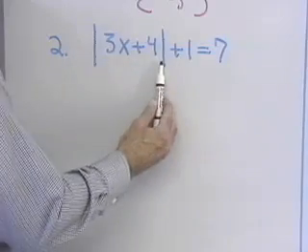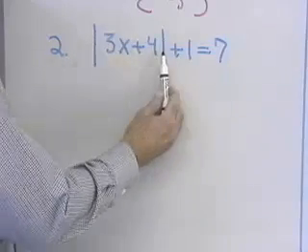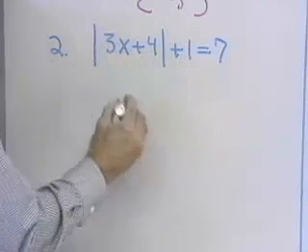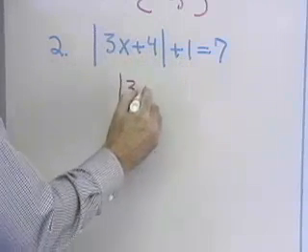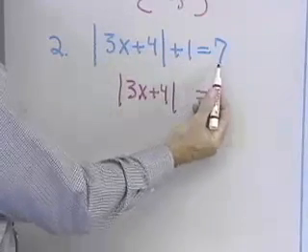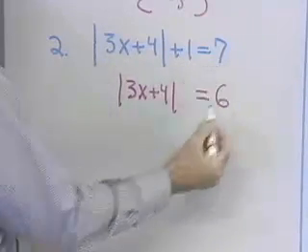Before I solve this equation, I need to isolate this absolute value on one side of the equation, so I'll begin by adding negative 1 to both sides. That will give me the absolute value of 3x plus 4 is equal to 7 plus negative 1, which is 6.